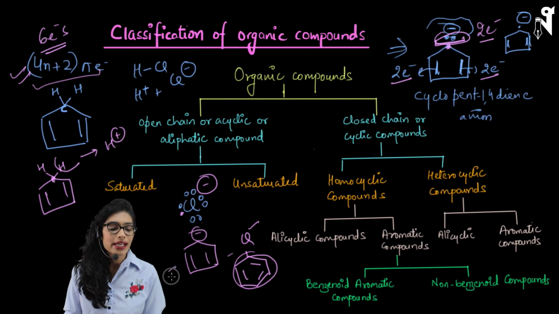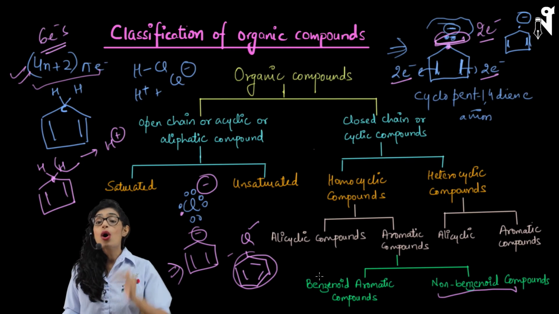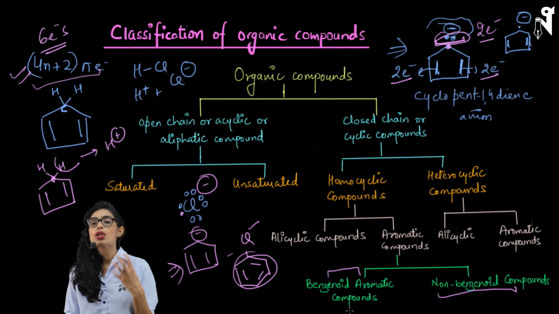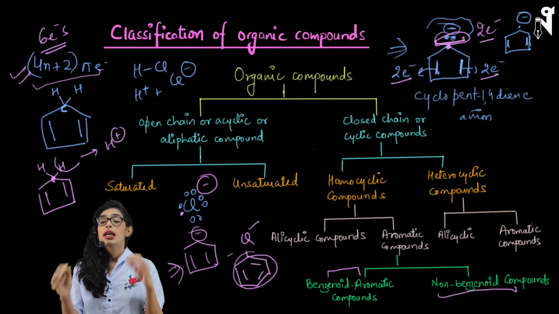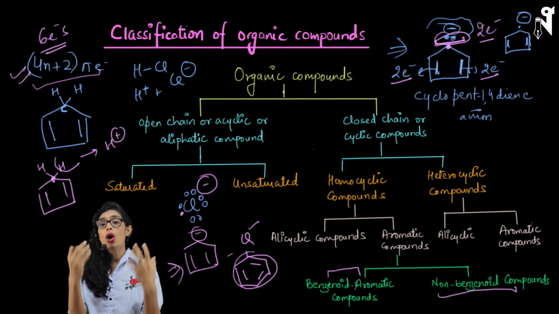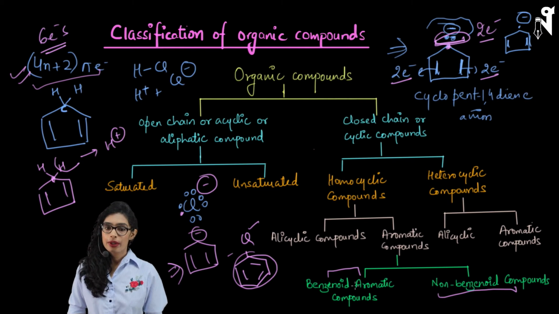This compound is entirely different from benzene, and hence it comes under the category of non-benzenoid compounds, and benzene or benzene-based compounds are called benzenoid aromatic compounds. So benzenoid, as the name suggests, is benzene-based, and non-benzenoid means the ones which are not made up of benzene but have the aromatic character.